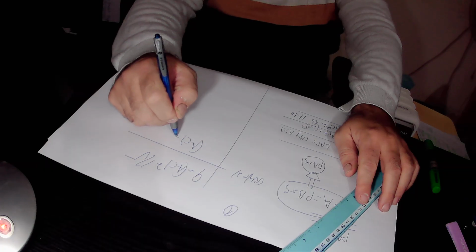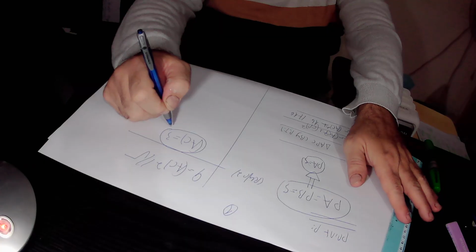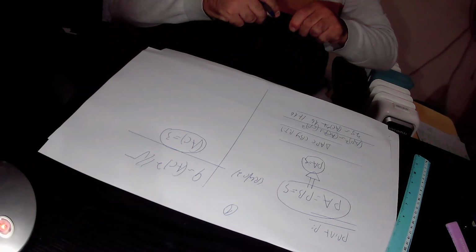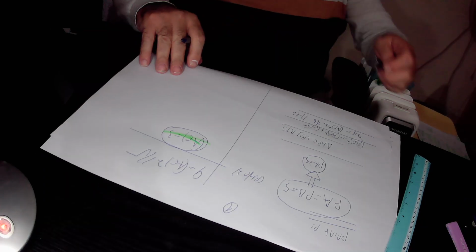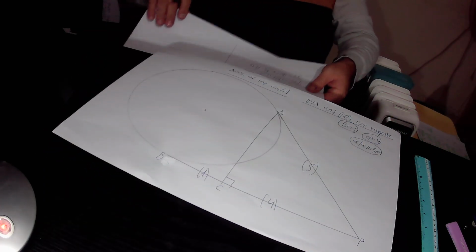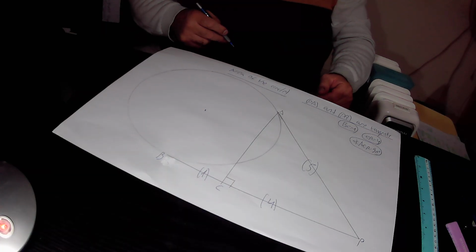In its length, it is actually 3. The square root of 9 is 3. So the missing side AC equals 3 units in its length. This is the missing side AC that equals 3 units in its length.